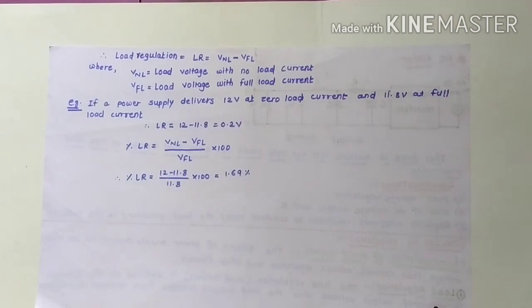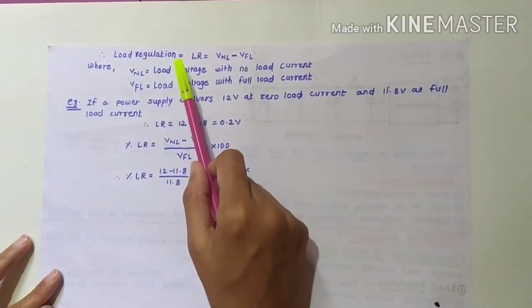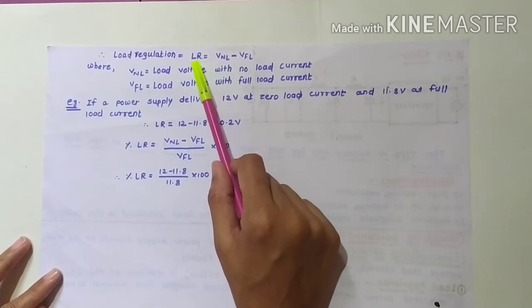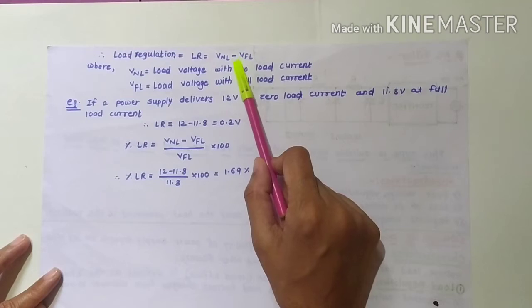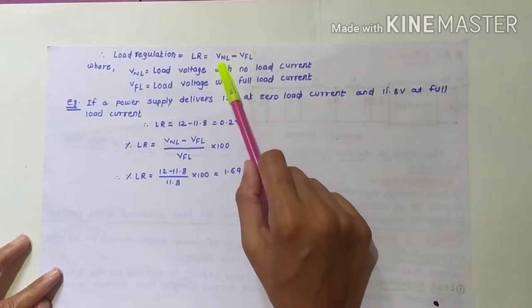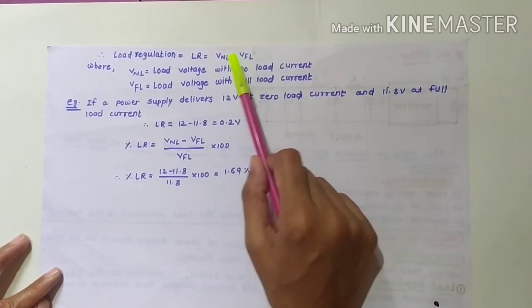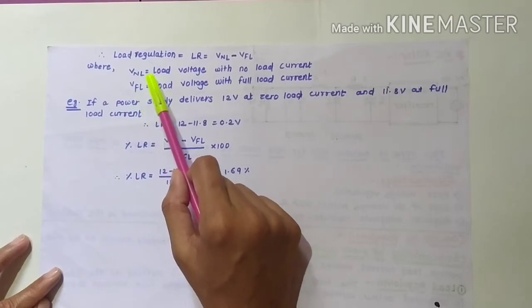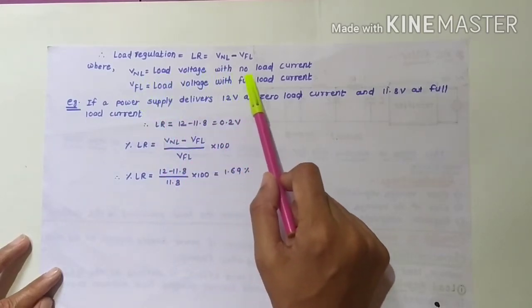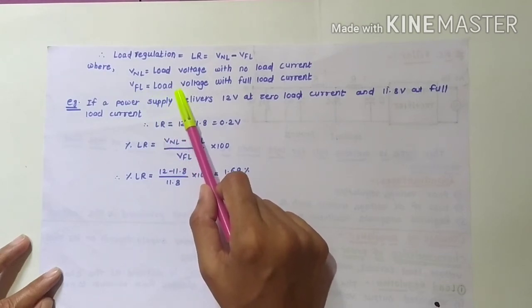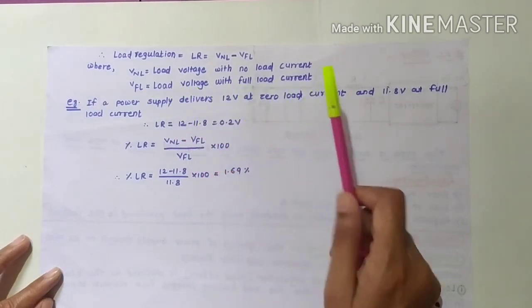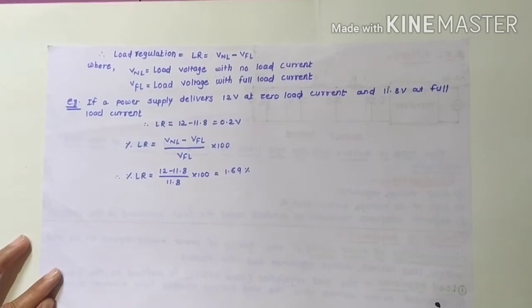Okay students, therefore we can write load regulation, LR, L for load, R for regulation, equals VNL minus VFL. What are VNL and VFL? Here VNL is the load voltage with no load current and VFL is the load voltage with full load current.